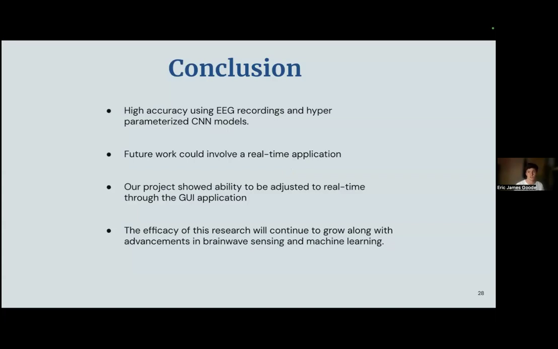While there's significant research going on in detection, we would like to see increased research going on in prediction accuracy. And that's what you saw in the GUI, showing that our model was able to be adapted towards prediction. And yeah, we're hoping that with increased funding and research going into the BCI field and neurotech, specifically advancements in brainwave sensing and machine learning models, these real-time advancements will come to fruition very soon.